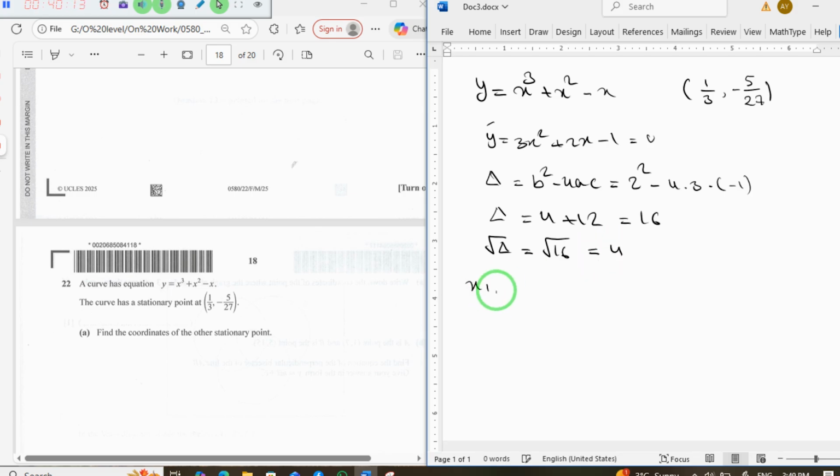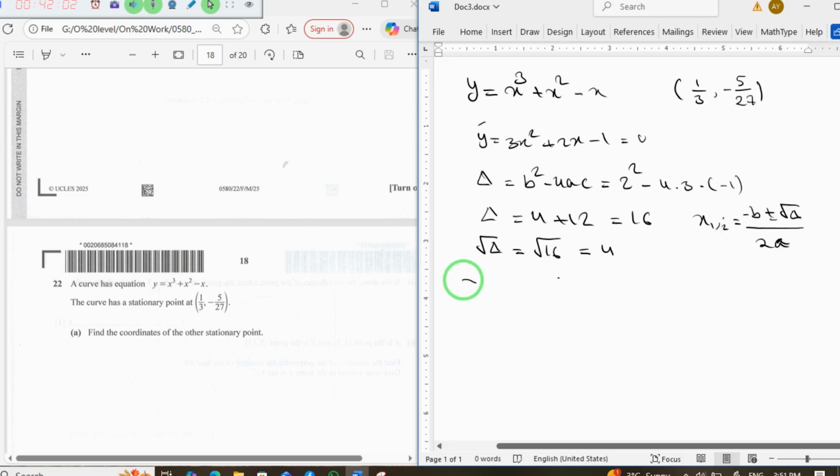Then x1 and x2 equal minus b plus or minus the square root of delta over 2a, which is minus 2 plus or minus 4 over 6.